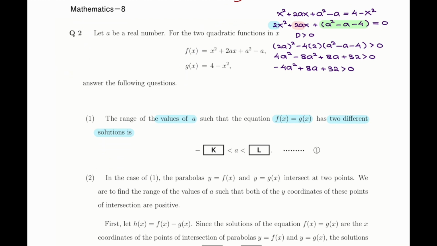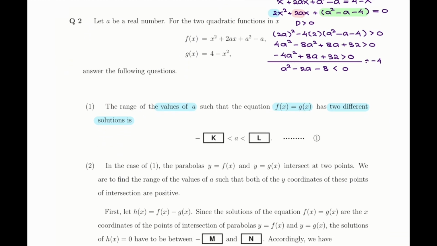If I divide these inequalities by negative 4, I will get a squared minus 2a minus 8. Don't forget to flip the sign, yeah, because we divide by a negative number. So it becomes less than 0. The solution of these inequalities is the range of values of A such that this equation has two different solutions.